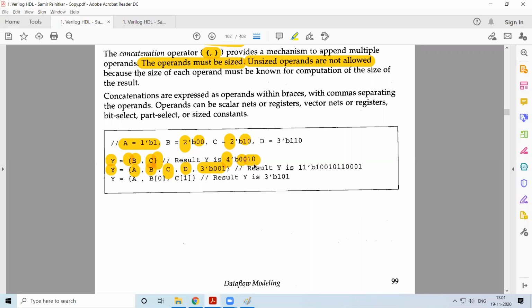Here the total size would be 3 plus 3, that is 6, 7, 8, 9, 10, and 11. So it will be 11 bits. And what will be the value? First the value of A, which is 1, then B which is 0 0, C which is 1 0, and D which is 1 1 0, and the last one is 0 0 1. So this will be the concatenated value and its size will be 11.